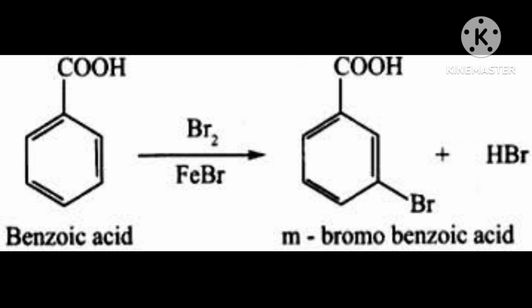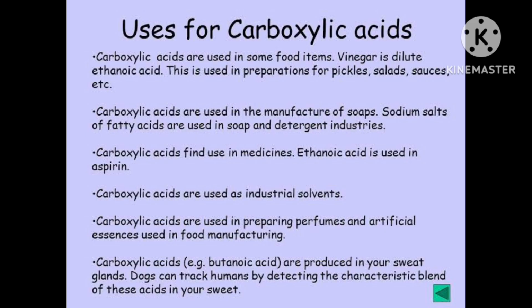For another use of carboxylic acids, I am taking the example of ethanoic acid, 2 carbon. Ethanoic acid means CH3COOH. Ethanoic acid is used as a solvent, just like water, and as vinegar in food industries. And next I am telling about hexanedioic acid, meaning 2 carboxylic acid groups are attached in hexane.